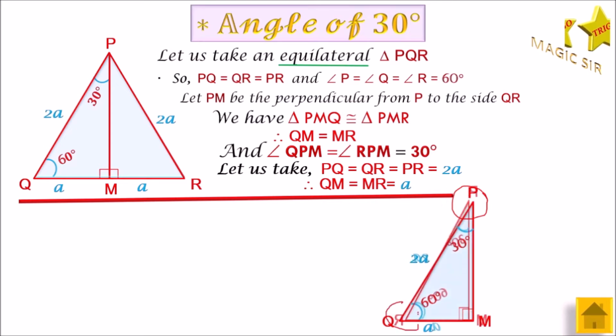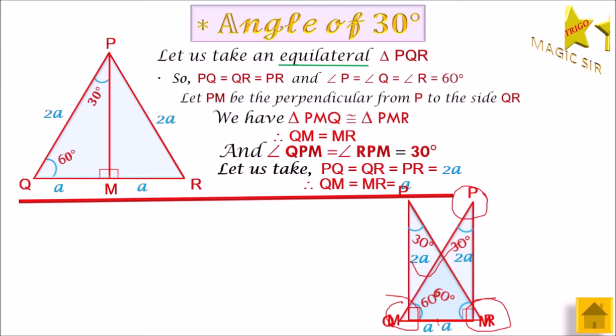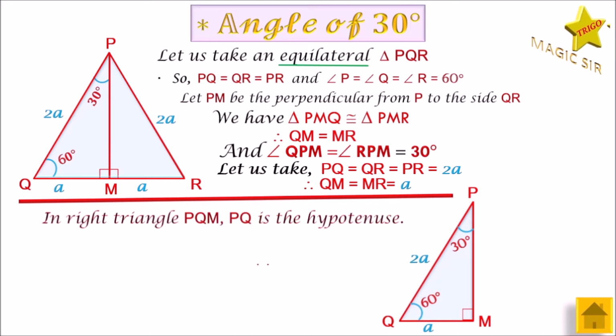Both triangles coincide with each other. Angle P, angle R and Q, angle M coincide. In the same way, all the sides coincide with each other.